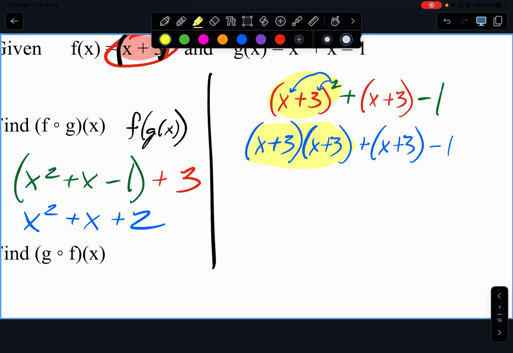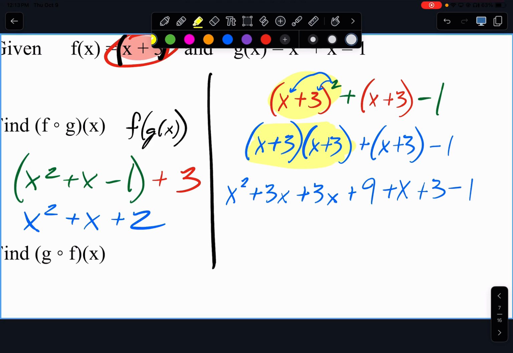Now we have to FOIL that out. So x times x gives me x squared, and then I have plus 3x plus 3x plus 3 times 3 is 9. And then I still have the extra stuff here on the end. So now we've just turned that into that.